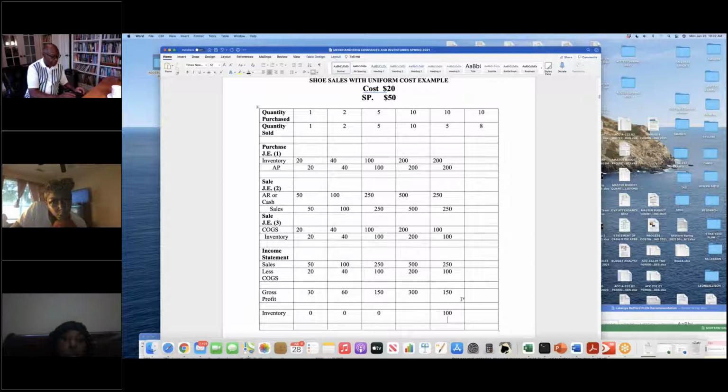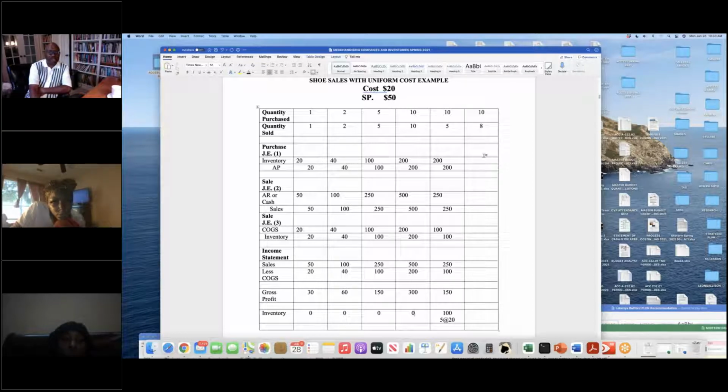The amount of 5 pairs of shoes at $20 each. So that's the difference from the other scenarios. We sold everything before. Now we have inventory.